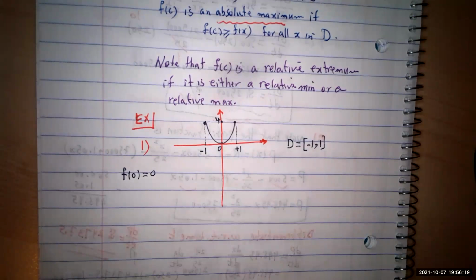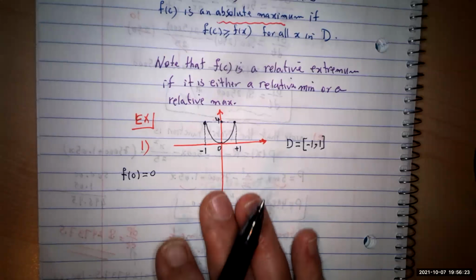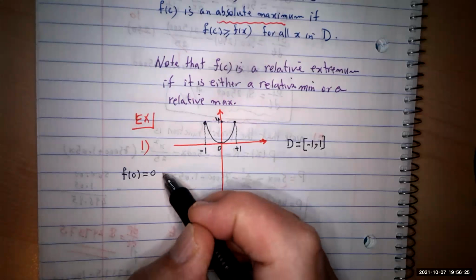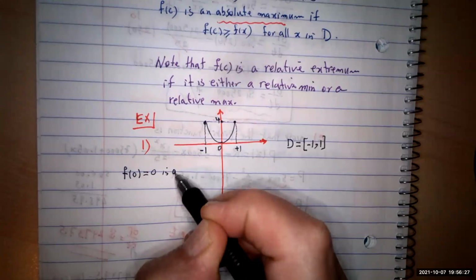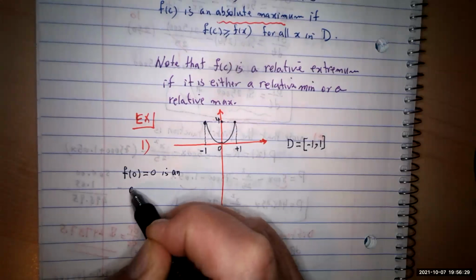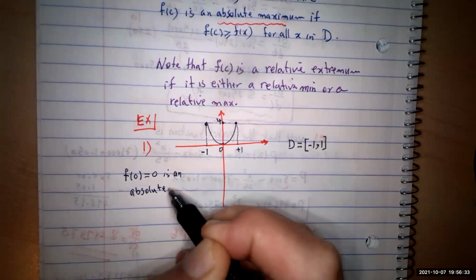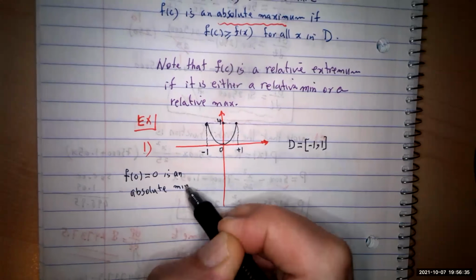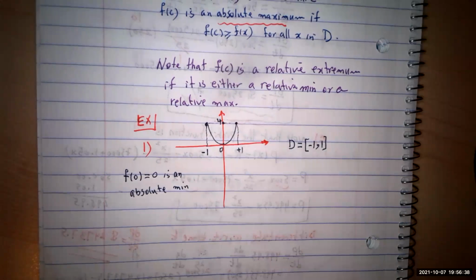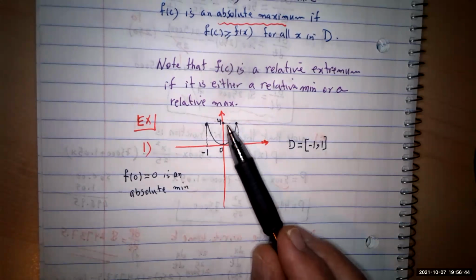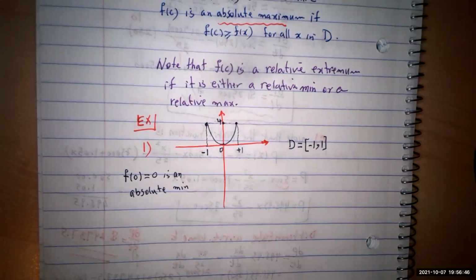This is the minimum of the function. Since you don't have anything else below it, it is an absolute minimum, because this is the bottom of your function. Everything else is above it. So f of 0 equal to 0 is an absolute minimum.